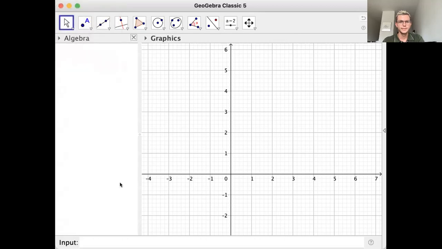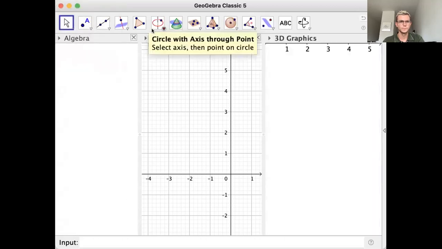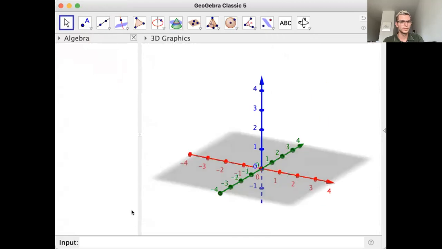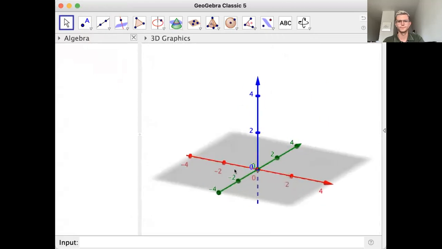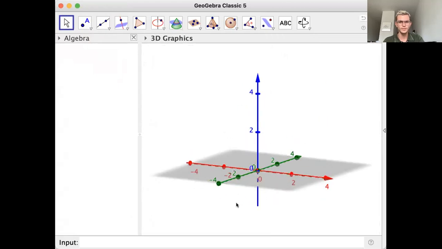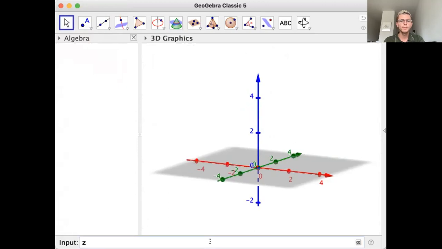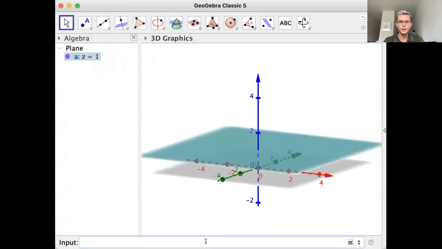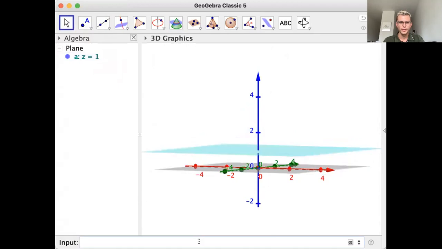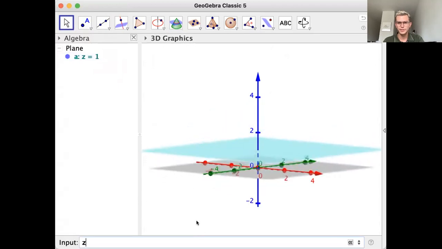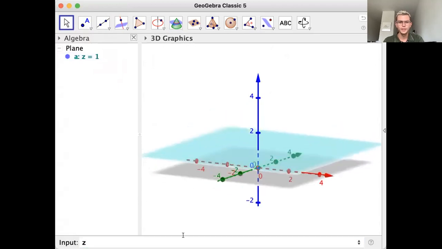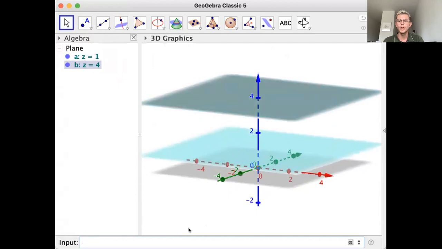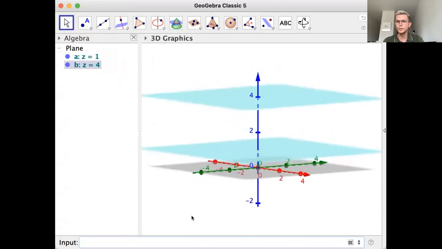Can everyone see GeoGebra? For example, there are planes like z equals 1, which is this light blue plane that you see here. There will be another plane like z equals 4, and these two will be parallel.